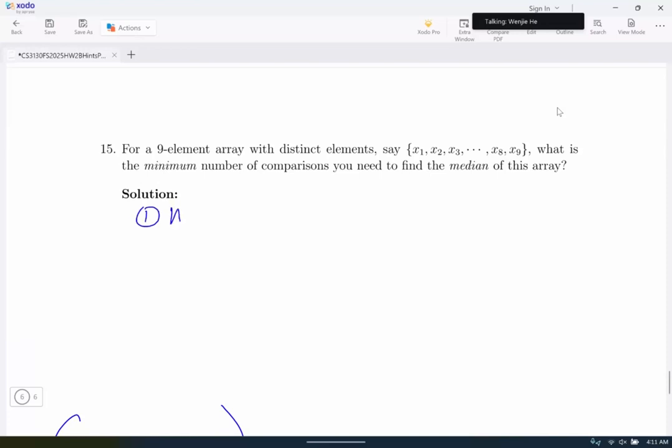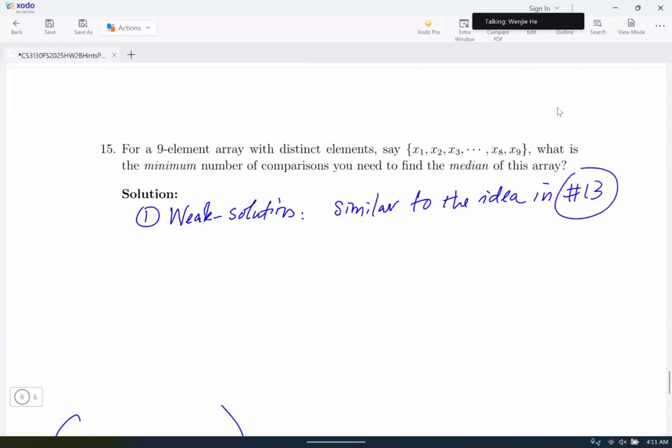The first way is the weak solution, similar to the idea in the number 13 question.